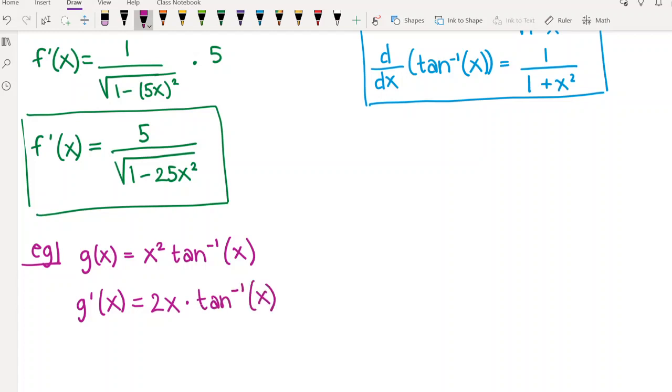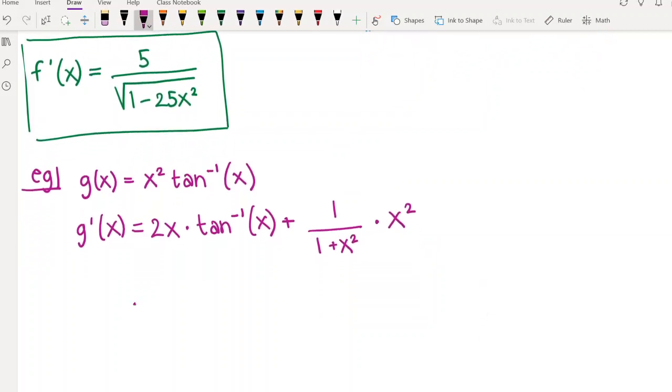And then to that, we add the derivative of inverse tangent, which is 1 over 1 plus x squared, multiplying that with x squared. So altogether we get 2x inverse tangent of x plus x squared over 1 plus x squared.